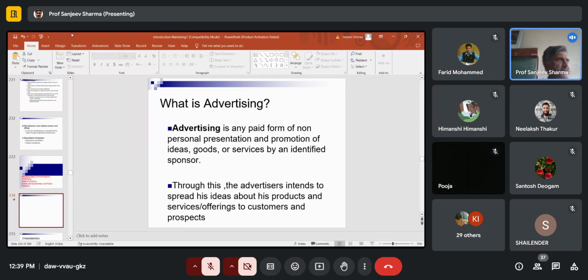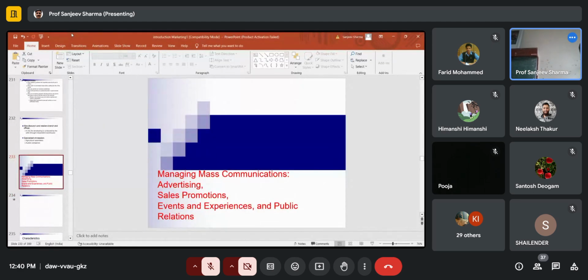Second format is publicity. Third is sales promotion. And fourth is personal selling. So four ways in which you communicate: through advertising, through publicity, through sales promotion, and personal selling. So these are the four ways in which promotions take place.